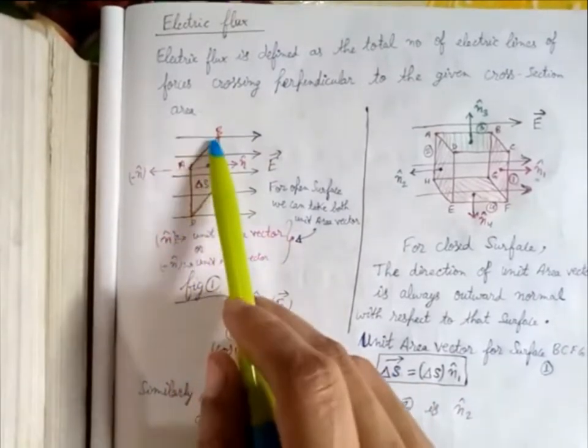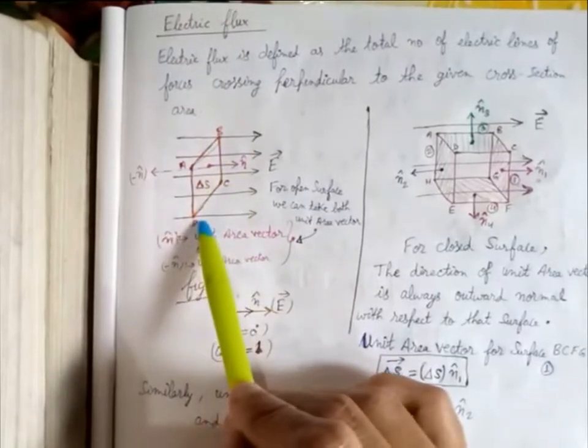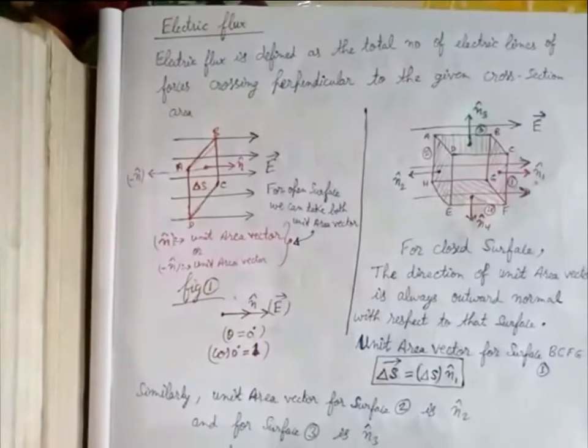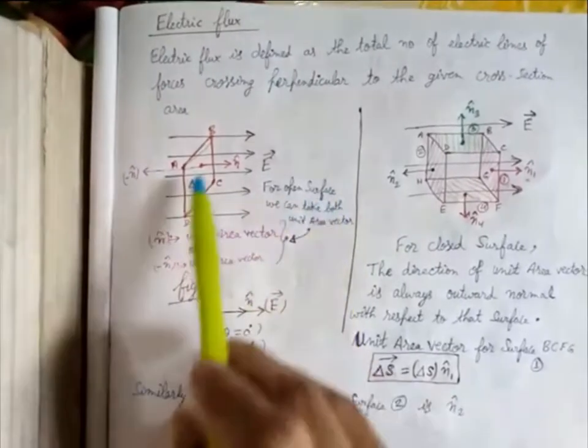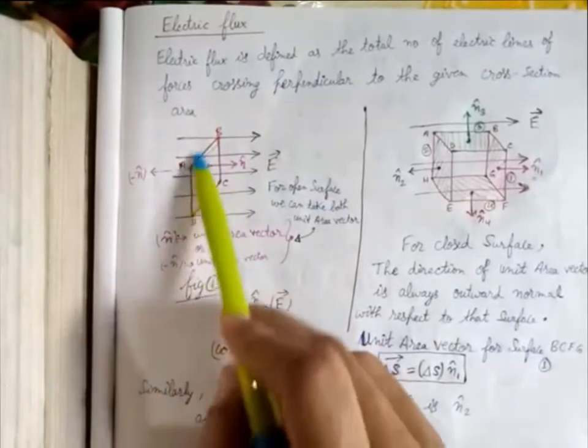When we tilt this cross sectional area, then the electric flux will be different, or its value will be less than this condition. And this is for the open surface, where we can take the area vector in either direction which is perpendicular to this plane surface.